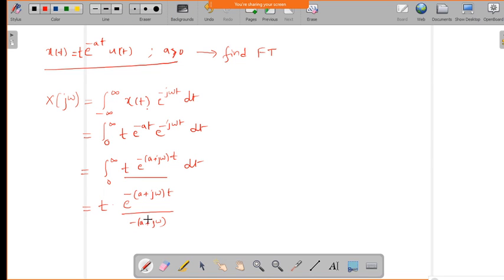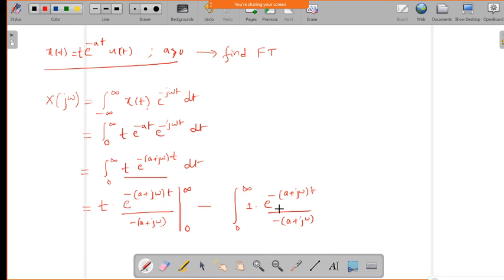Then first function into integration of second function, evaluated from 0 to infinity, minus the integral from 0 to infinity of differentiation of first function and integration of second function. Differentiation gives 1 with respect to t, and integration gives e power minus (a plus j omega) t divided by minus of (a plus j omega).